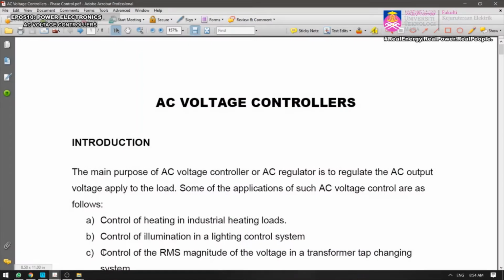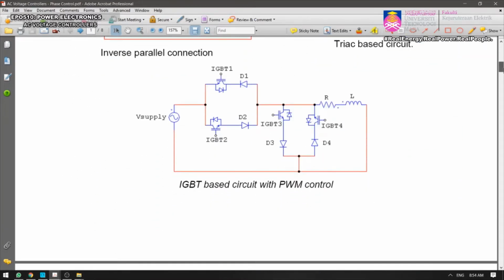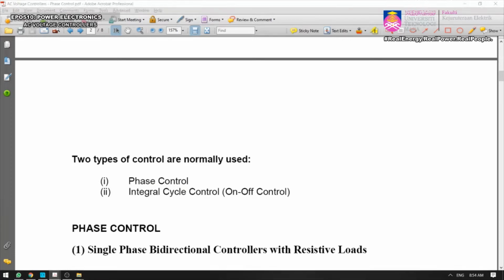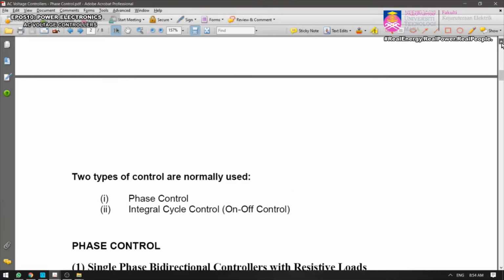At the beginning of the AC voltage controller video, I did share with you that we have two control techniques. The first one is the phase control, which we covered in the previous video, and the second one will be the integral cycle control. It's just a technique for controlling the two thyristors.